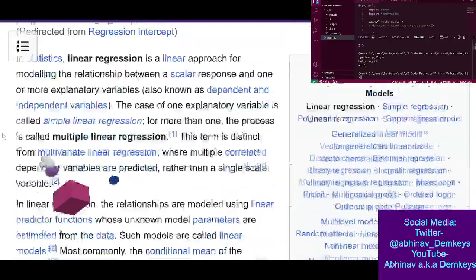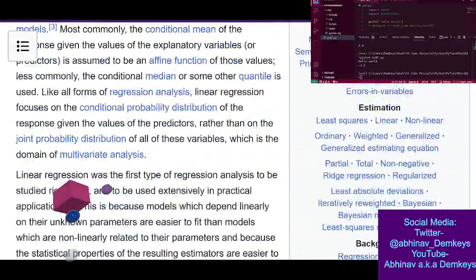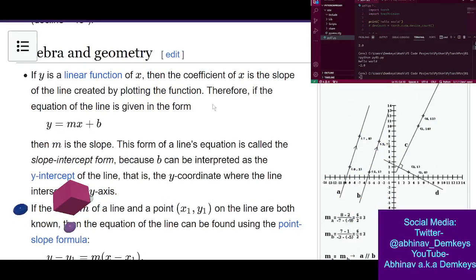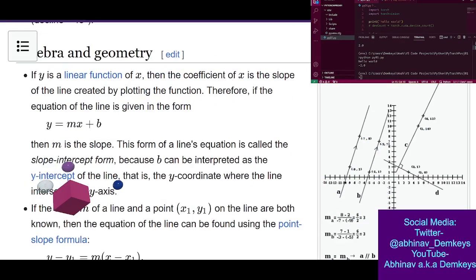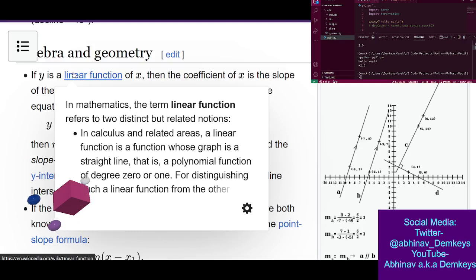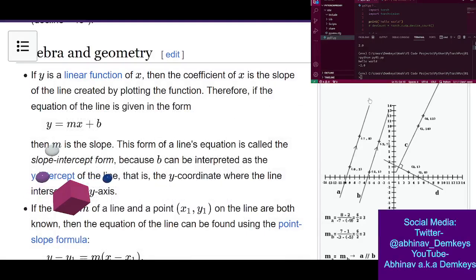But yeah, dude, this is cool. Finally, I'm moving forward, not just with calculus, but with linear regression, which is what I had started with when I was learning machine learning. Now I'm learning deep learning.